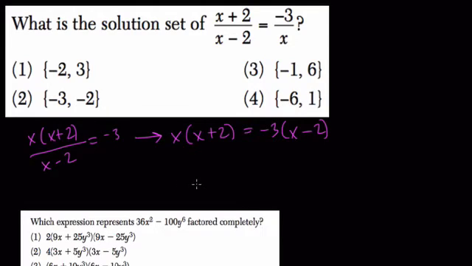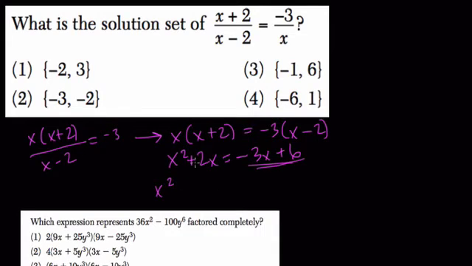Okay, so here we're trying to find the solution set, so we distribute our x's. x squared plus 2x equals negative 3x plus 6. So if we want to solve this, we get everything on one side and set it equal to 0. We'll bring these two terms over to the left by adding 3x and subtracting 6.